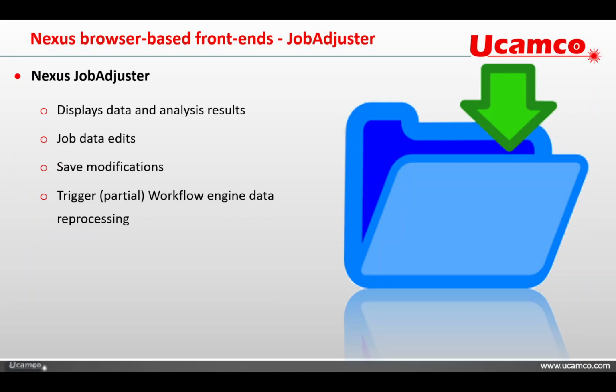So summarizing here: display data and analysis results, doing job edits, saving these modifications, and as a result, potentially triggering partial reprocessing of a data set on the workflow engine. Those are the features of JobAdjuster.